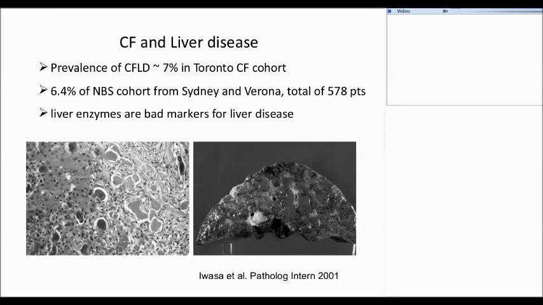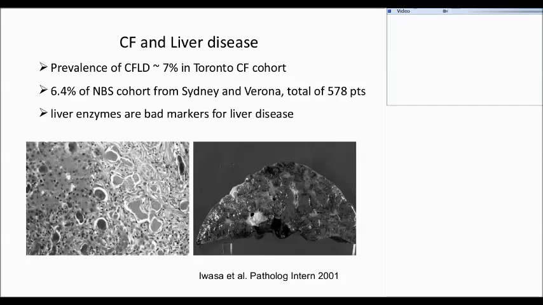And similar in Sydney and Verona, where Kevin Gaskin got together with Verona, they looked at their newborn screening cohort prospectively, and out of 580 screened patients found a prevalence of CF-related liver disease of about 6.4%. So it's in keeping with what we saw in Toronto.